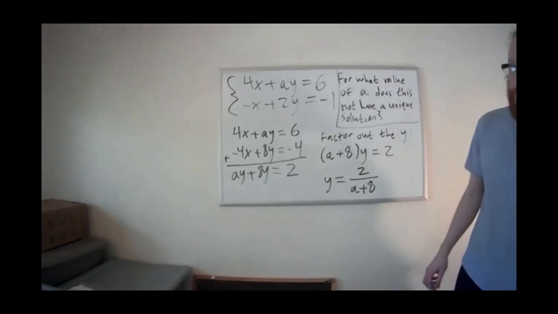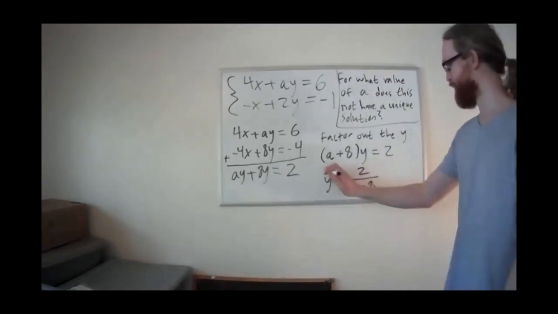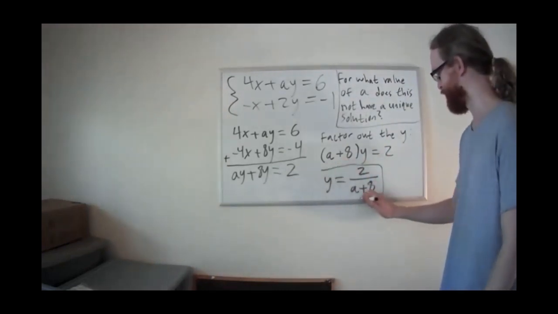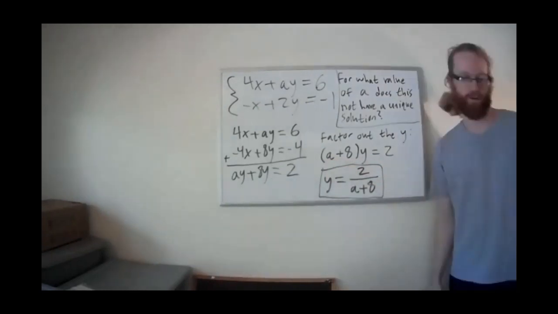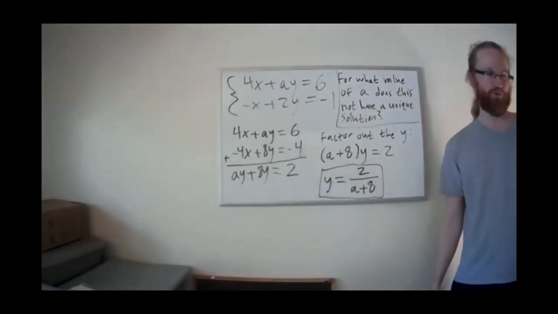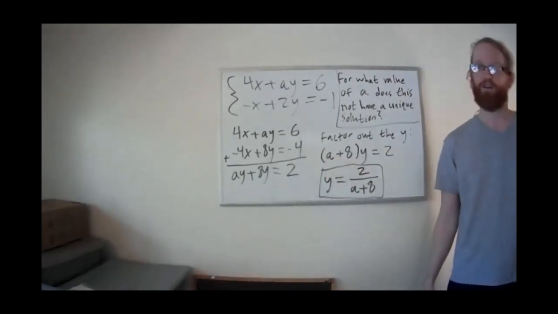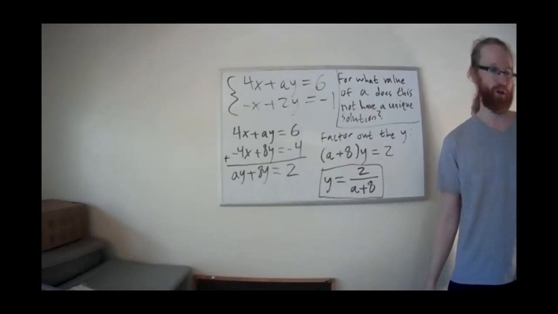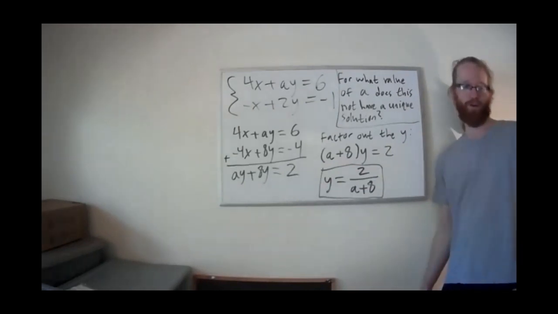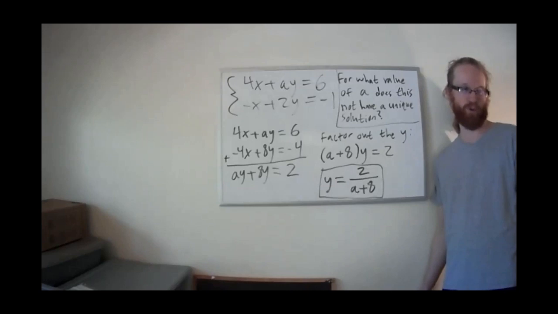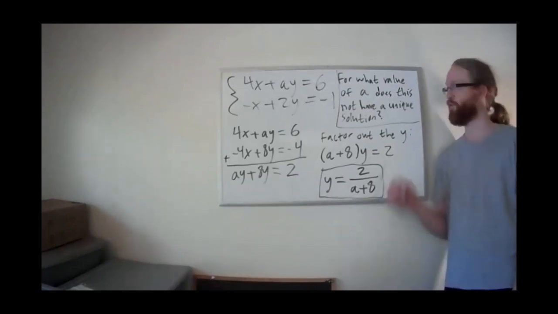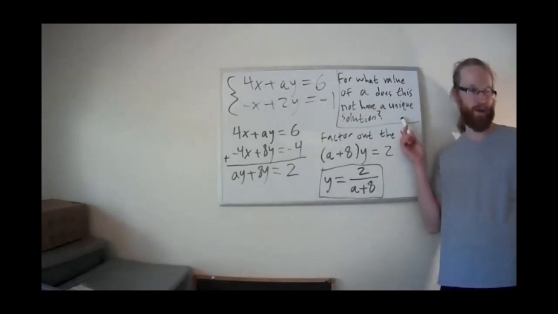Okay, so let's look at this right here. This y equals 2 over a plus 8. So remember, a is just some number, and we were looking for a particular value of it that would mean that I don't have a unique solution.